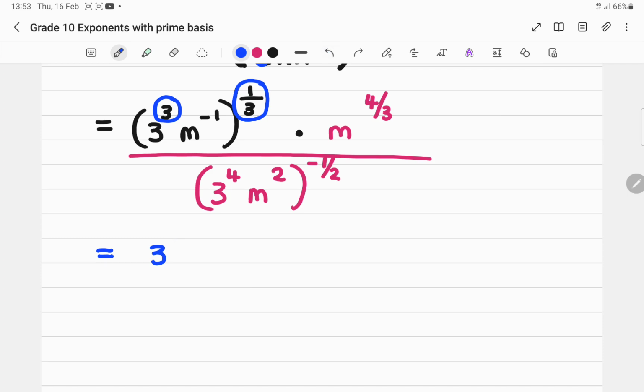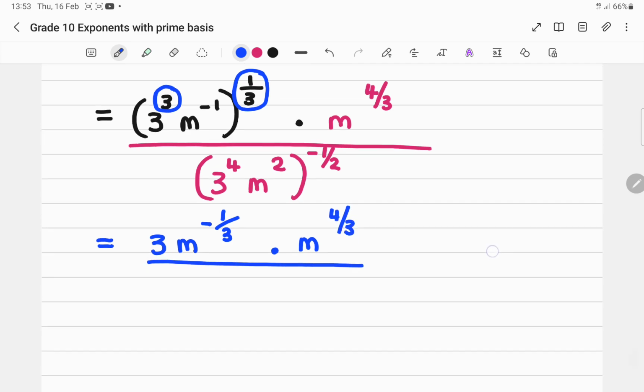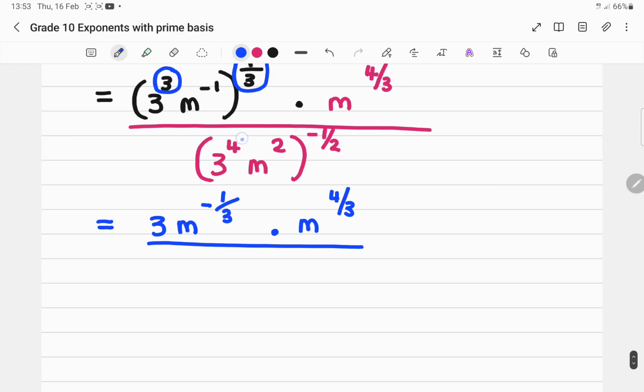Again, you don't have to write that 1. m to the power negative 1 times a third is negative a third, times m to the power 4 over 3, all over. Okay, power raised to a further power, you multiply. So negative a half times 4 gives you negative 2.